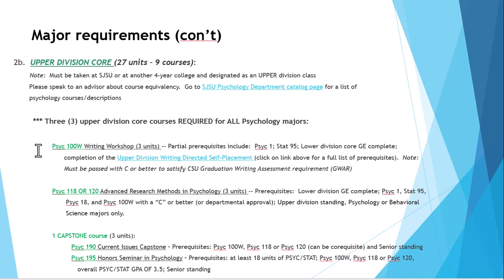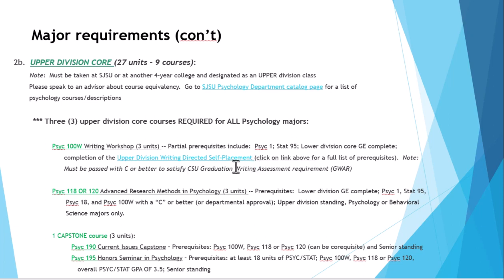Now, there are a lot of prerequisites in order for you to enroll in 100W. One of the prerequisites is that you first have to take the upper division writing directed self-placement assessment. Here's a link to that assessment.